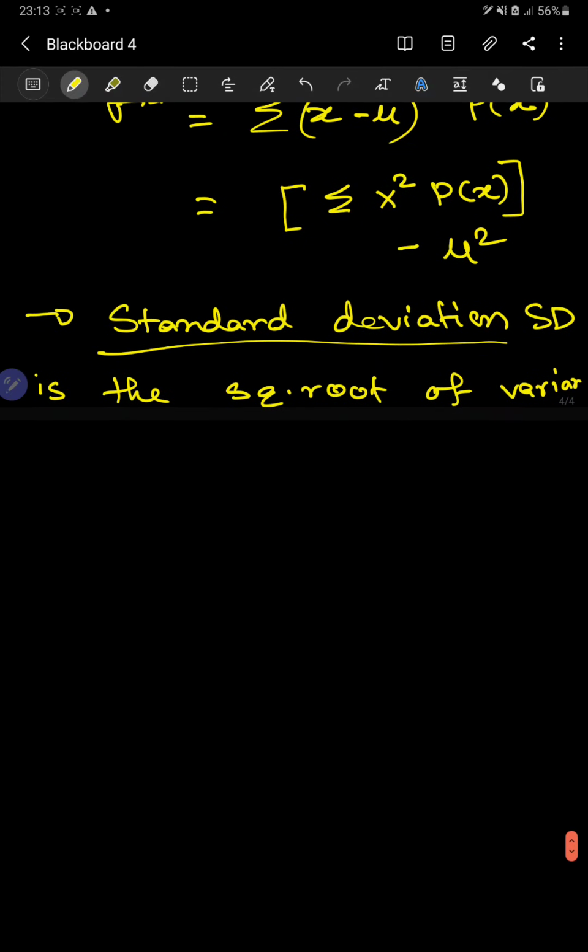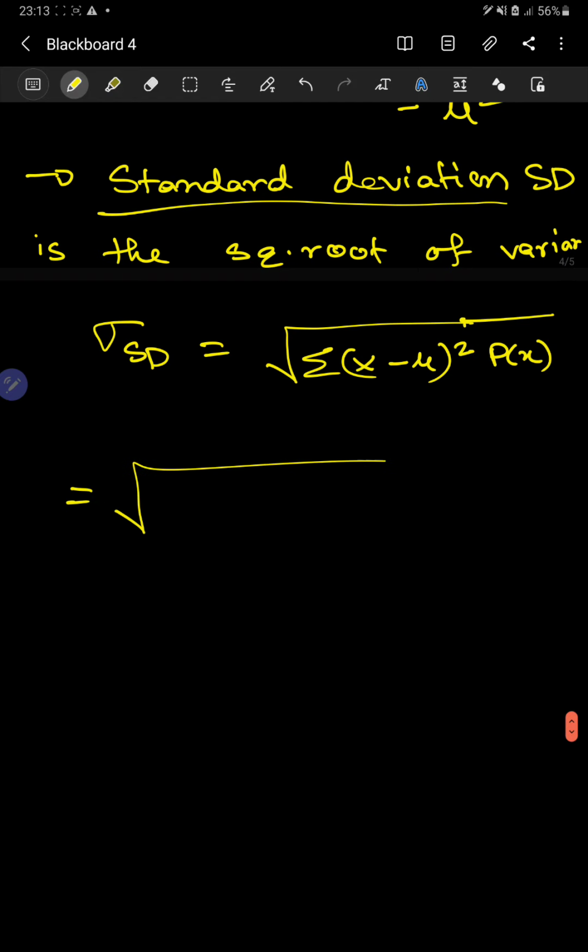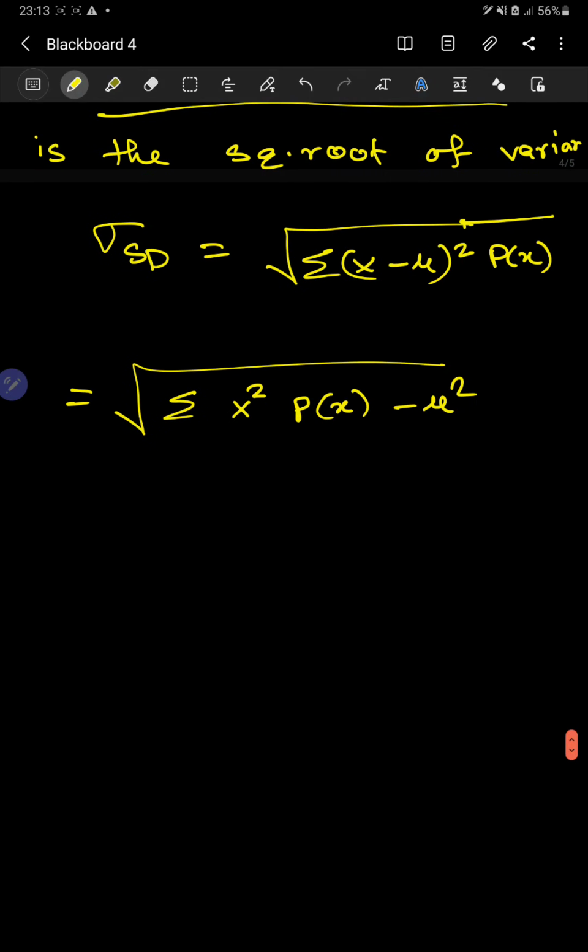So if we know the variance, it's very easy to find out. Sometimes we also write the variance like this.